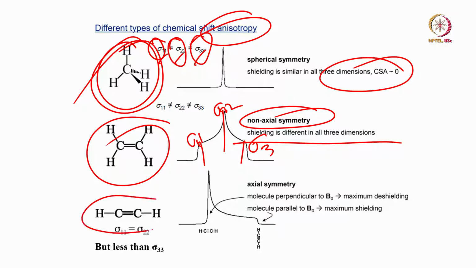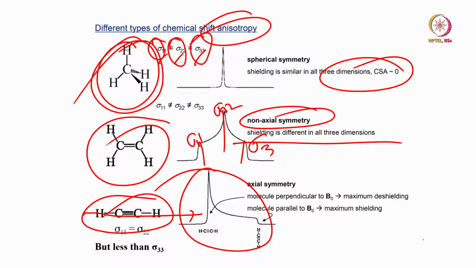Consider a molecule like acetylene. It has an axial symmetry along this axis. When there is axial symmetry, what is going to happen? It has only two possible orientations. The maximum shielding is in the direction perpendicular to it; this is the direction parallel to it. Why is this intensity larger? In the perpendicular direction, there are n possible orientations of the internuclear vectors. As a consequence, it has larger intensity.